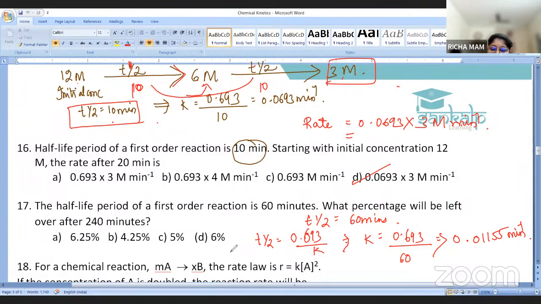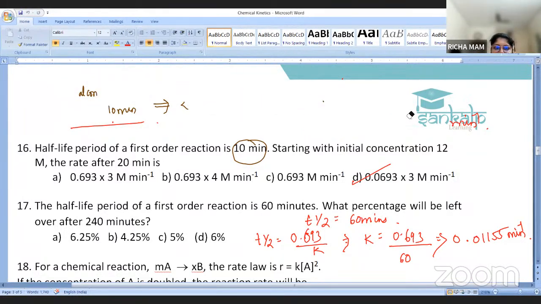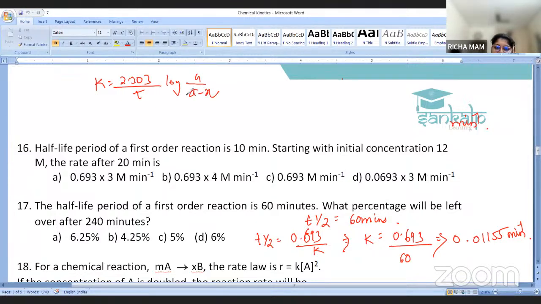Now put this in the first order equation. K is equal to 2.303 by T log of A by A minus X. Let the initial concentration be 100.